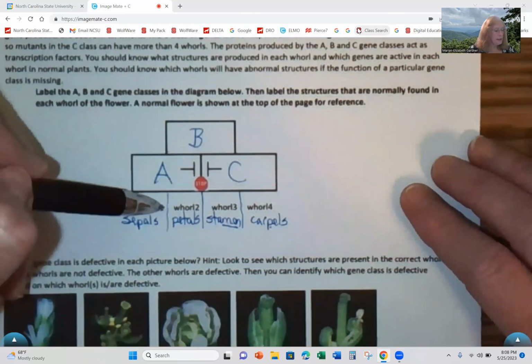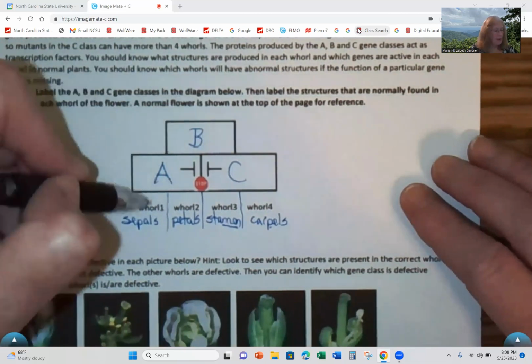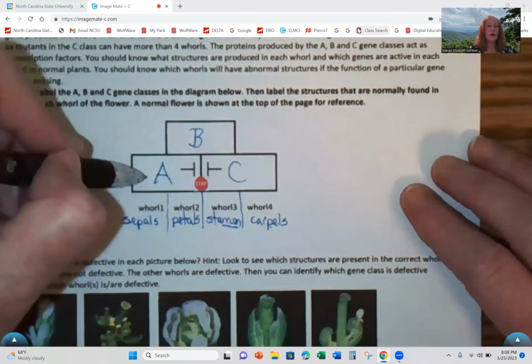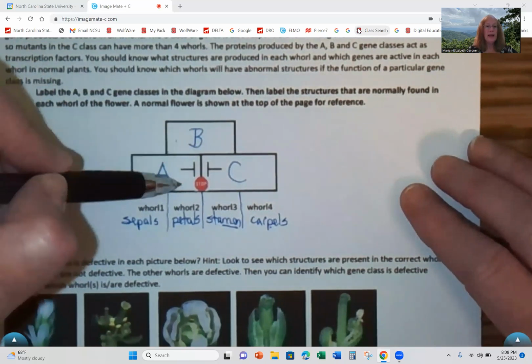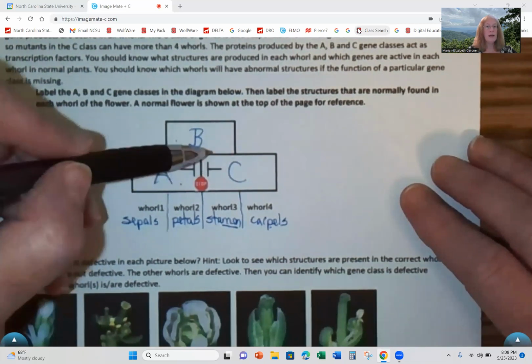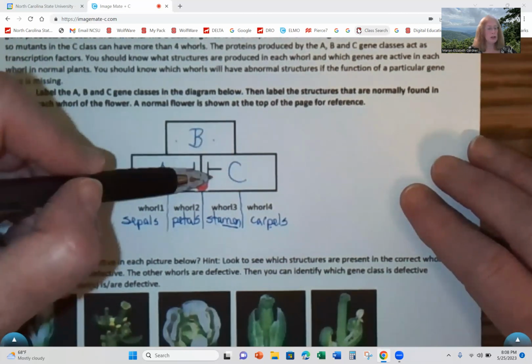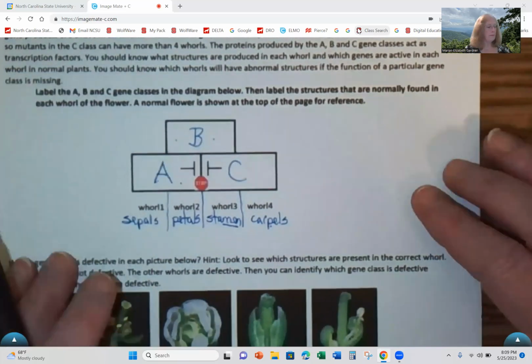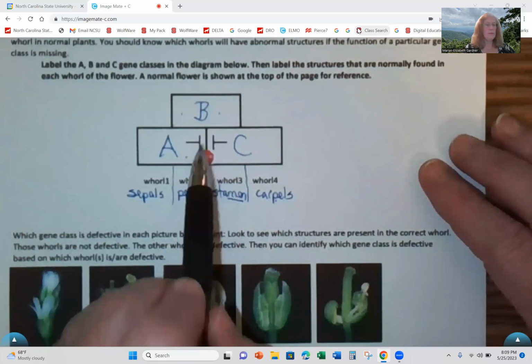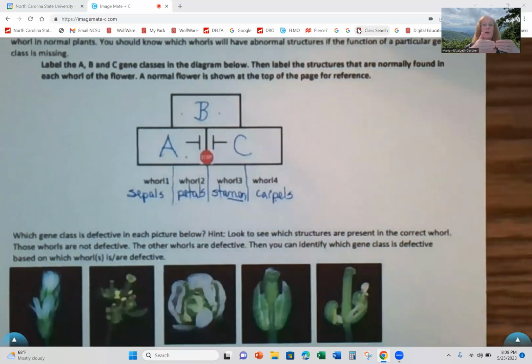In order to produce sepals, we have to have all the A genes functioning correctly. In order for petals to be produced, B and A have to function correctly. For stamen, we need B and C functioning correctly, and for carpels, we need C functioning correctly. Notice that there are some T-bars because A and C work antagonistically to each other.